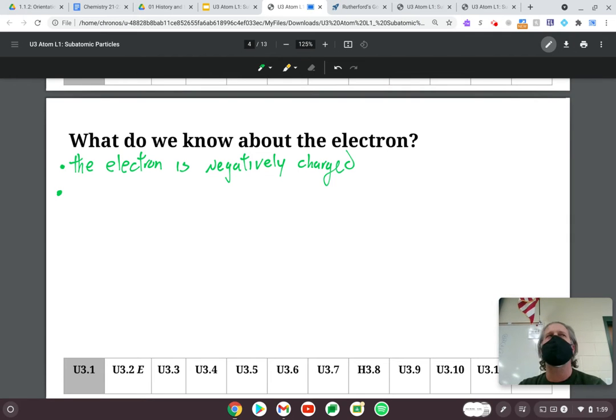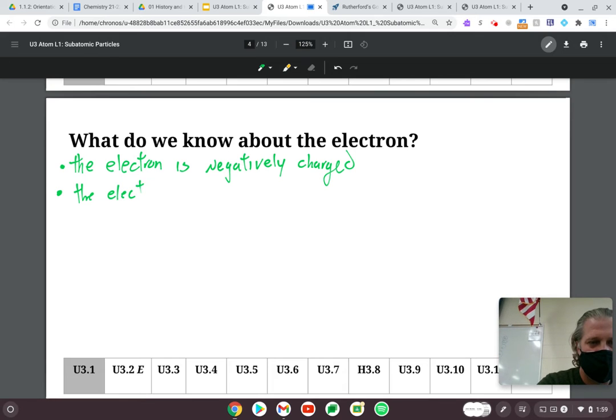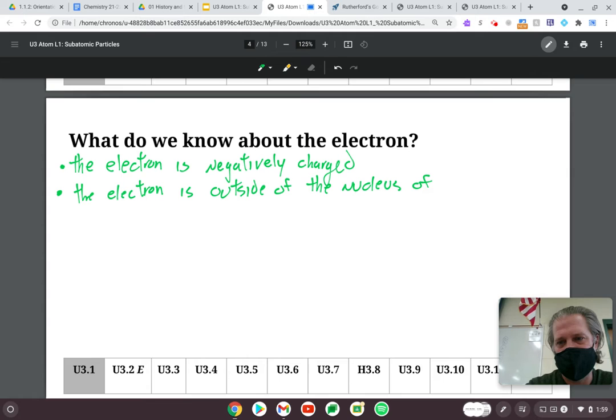Do we know anything else about the electron? There you go. The electron is outside of the nucleus of the atom.